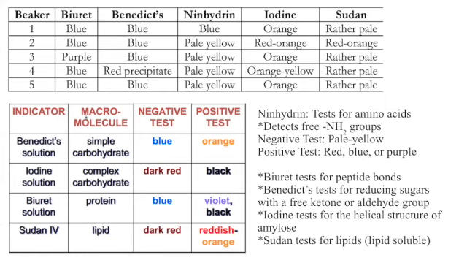And so if you look, one thing that we've got going for us in this situation is that the Biuret test is different for one compared to the other 4. Because our Biuret solution is purple in number 3, we know we're looking for a protein.